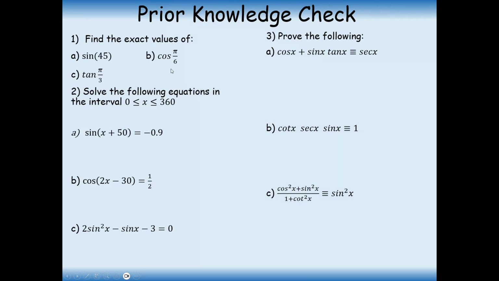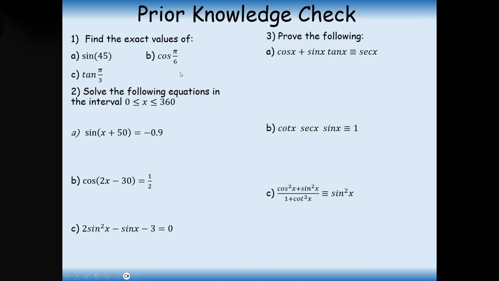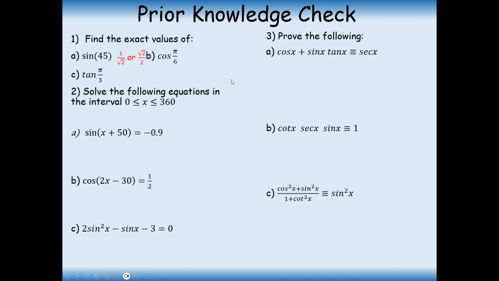Sine of 45 degrees is root 2 over 2. Cos of pi over 6 is cos of 30 degrees, which is root 3 over 2, and tan of pi over 3 is tan of 60 degrees, which is simply root 3.